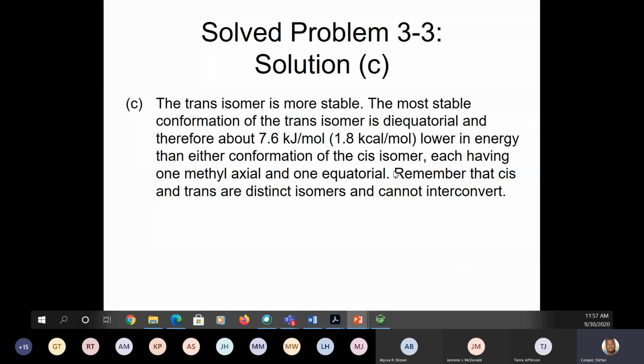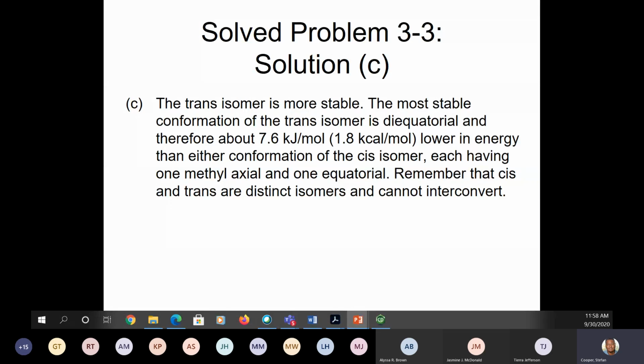This last statement is very important though, when I ask you to compare. Cis and trans are distinct isomers. They cannot interconvert, so I can't go from cis to trans. If I started off with cis-1,2-dimethyl, I have to make sure that all my atoms remain cis. And if I start with the trans version of that, all my atoms have to be trans.